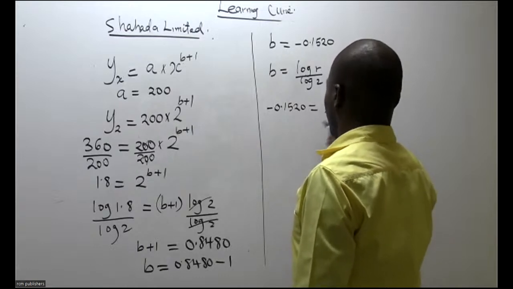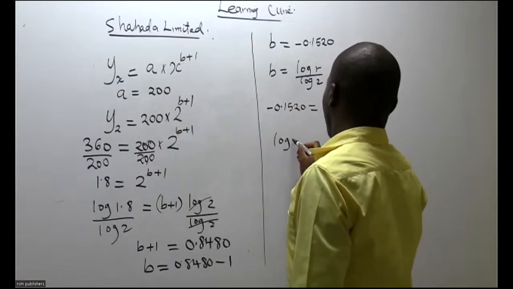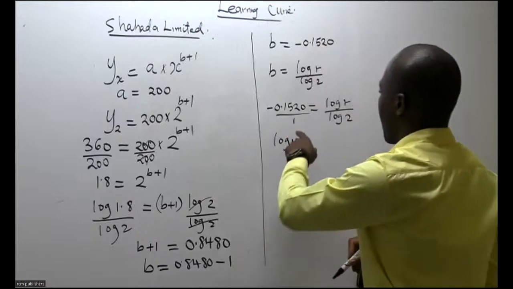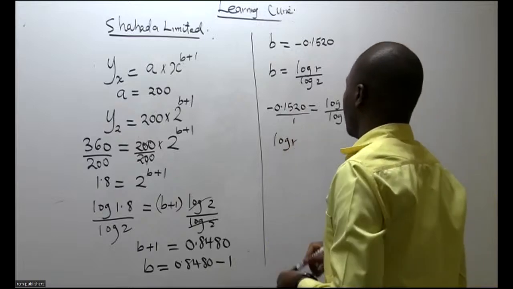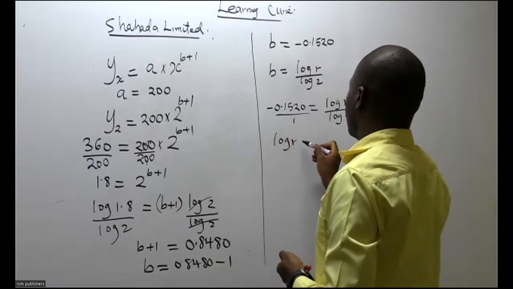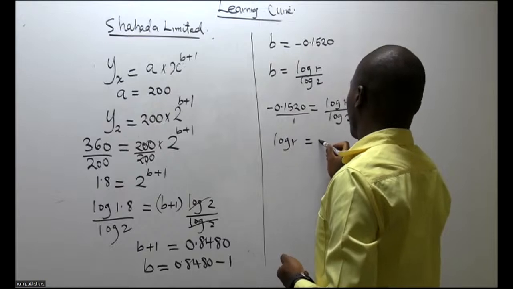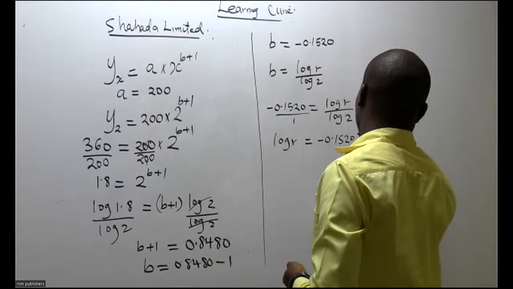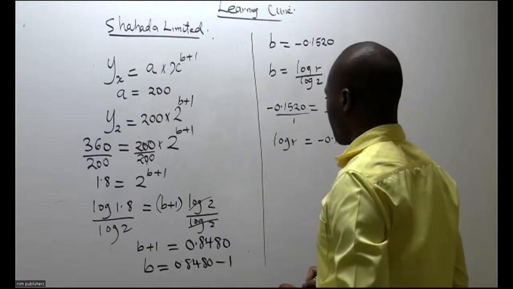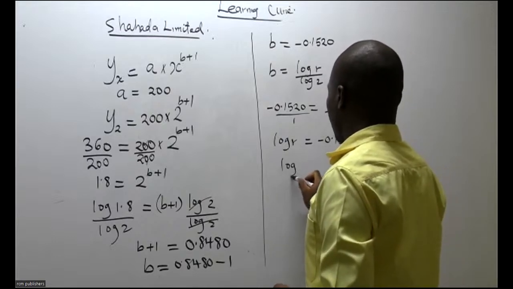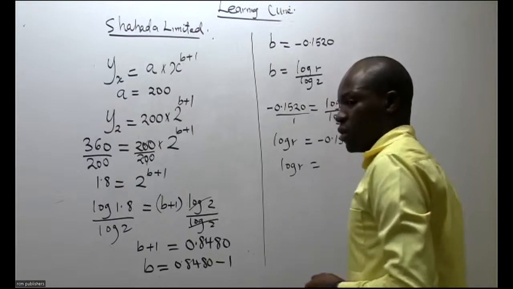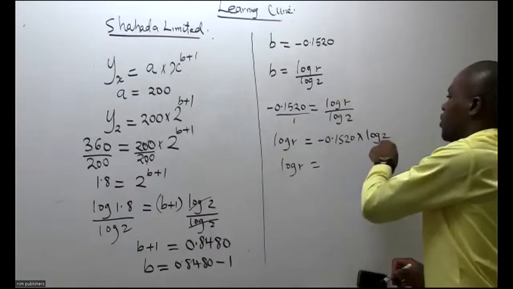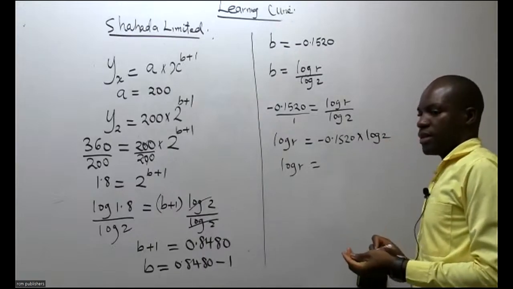This R is unknown, so you cross multiply: log R is equivalent to negative 0.1520 times log 2. Just say the answer times log 2.